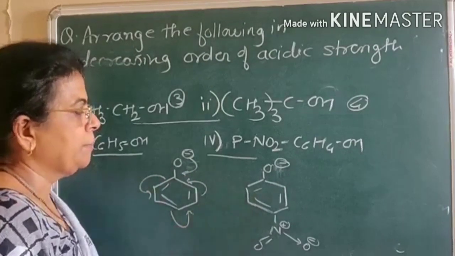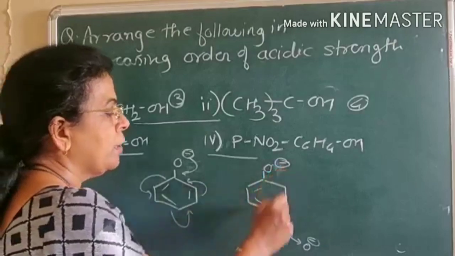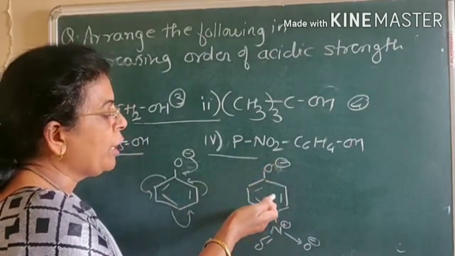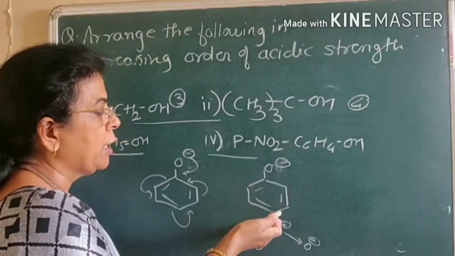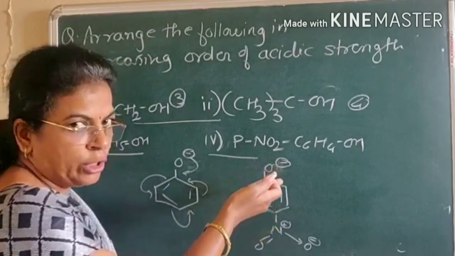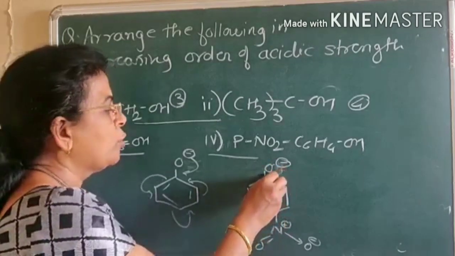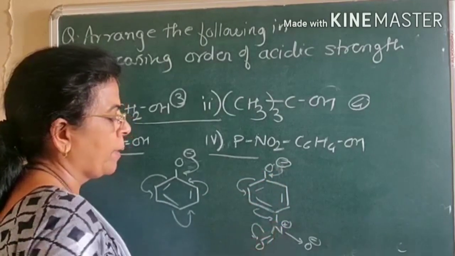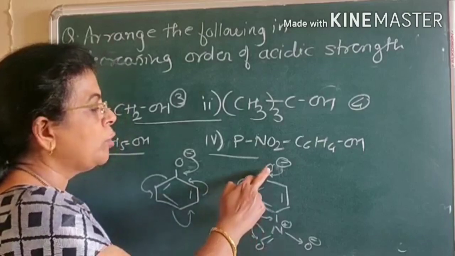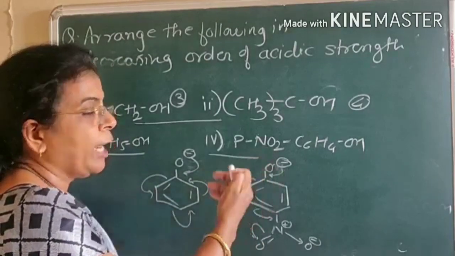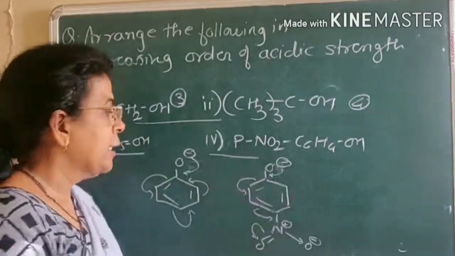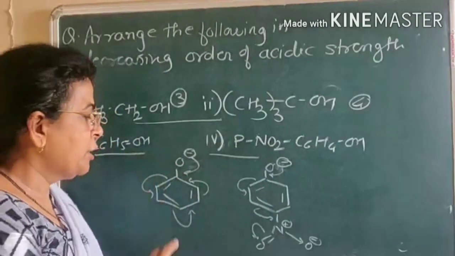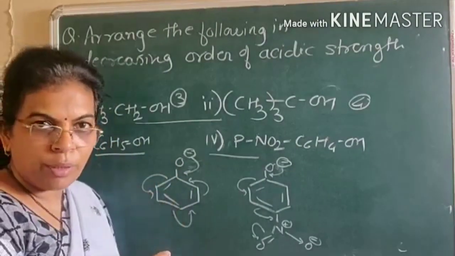Now in this case, this NO2 group is an electron withdrawing group. Therefore, it withdraws electrons from the benzene ring and similarly from this oxygen ion, and therefore electrons resonate in such a way that the electron density of this oxygen atom becomes less as compared to that of this oxygen atom, which is attached to only C6H4.